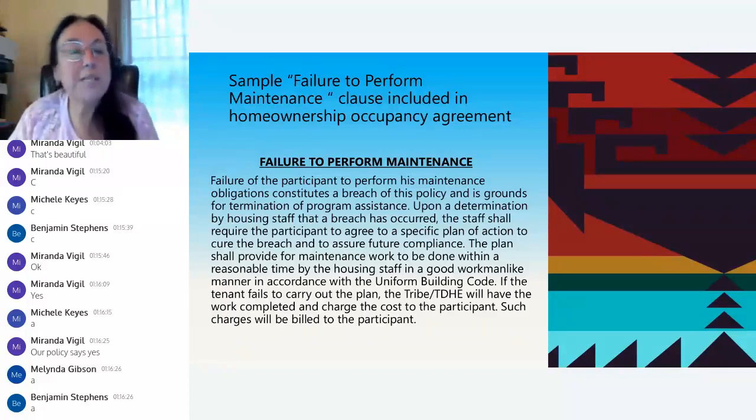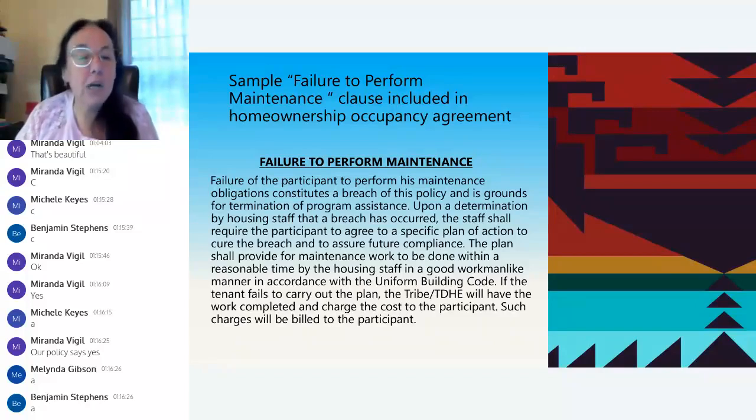Failure of a participant to perform his maintenance obligations constitutes a breach of this policy. It is grounds for termination of the program assistance. Upon a determination by housing staff that a breach has occurred, the staff shall require the participant to agree to a specific plan of action to cure the breach and to assure future compliance.